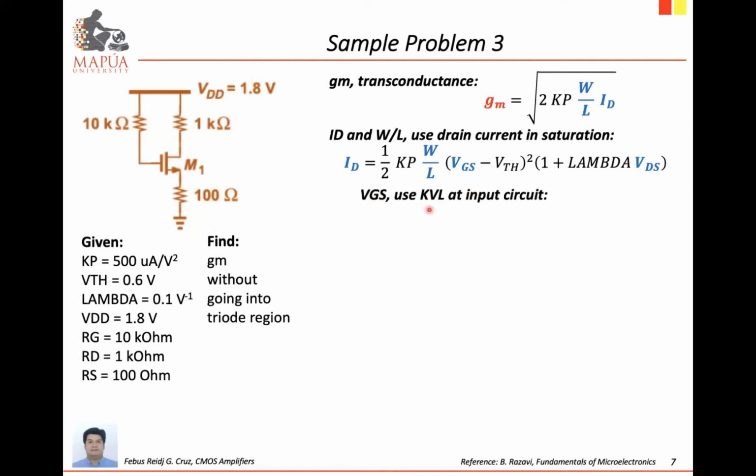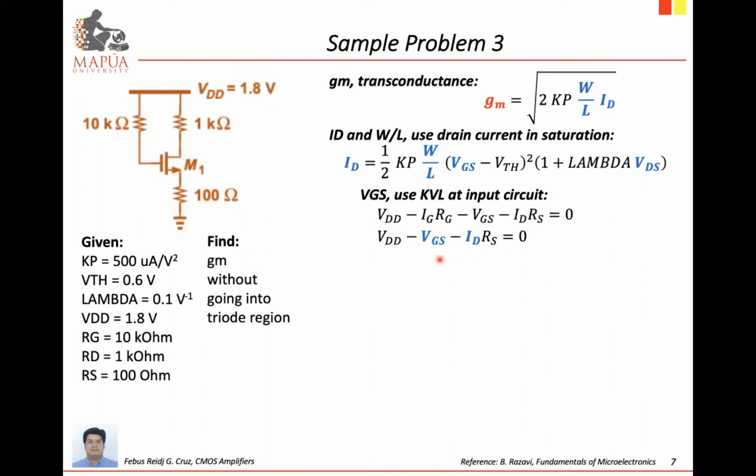For VGS, we use KVL, Kirchhoff's voltage law, at the input circuit. So that will be VDD minus IGRG minus VGS and then minus IDRS. Again, IG is 0, so we can simplify the equation to VDD minus VGS minus IDRS.